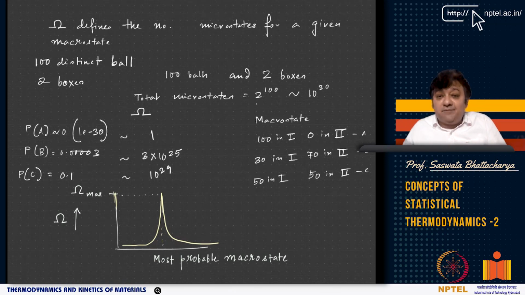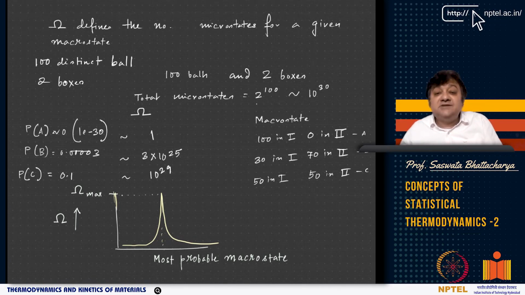You have 100 balls, but you have 2 boxes. You are looking at how to arrange 50 balls in 1 and 50 balls in 2, or 30 balls in 1 and 70 balls in 2. Can you tell me how you calculate this probability?